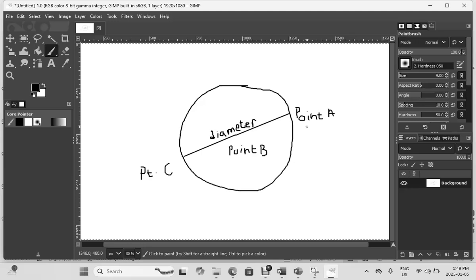To figure out the area, what you need to do is use the formula pi r squared. So the area of a circle is pi r squared. Most of you might be familiar with this symbol.